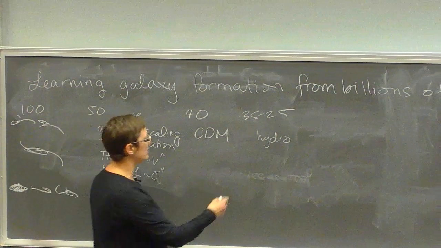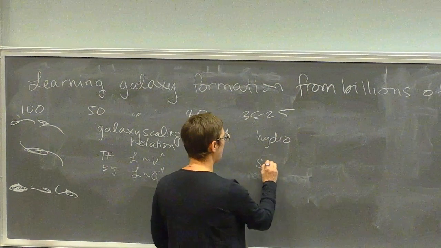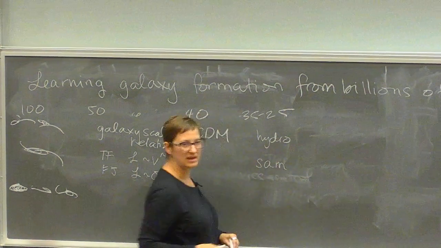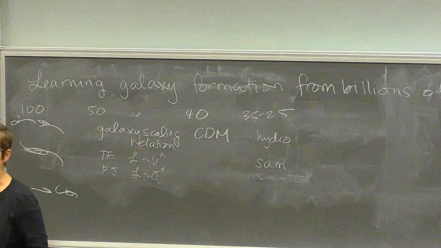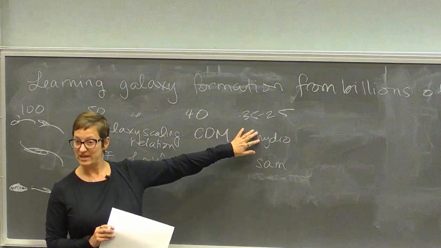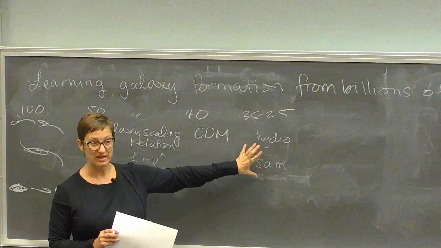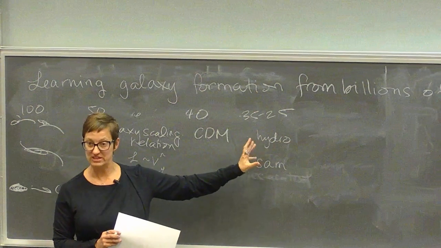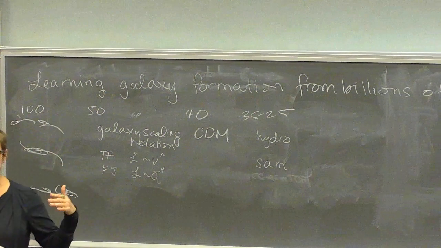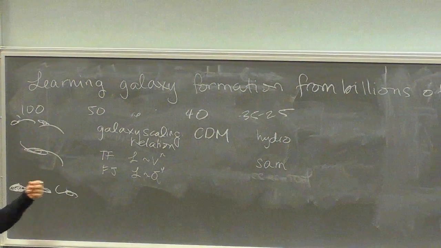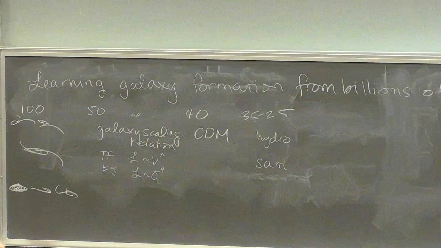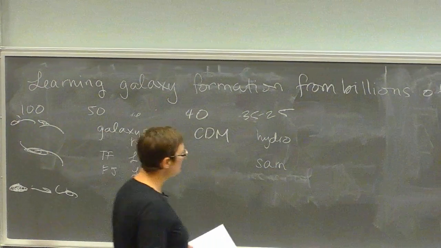Also, Rachel and many others developed a methodology called semi-analytic models, which didn't try to solve all of the equations of hydrodynamics, but tried to do things a little bit more computationally cheaply, a little bit more schematically, but still trying to write equations for what was happening with the gas and the stars.